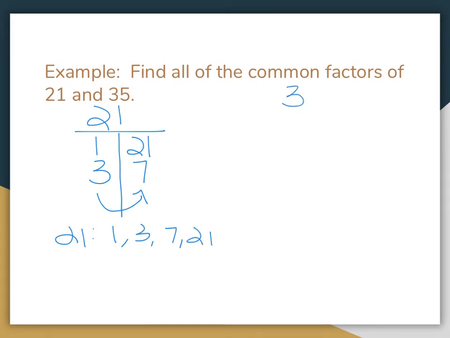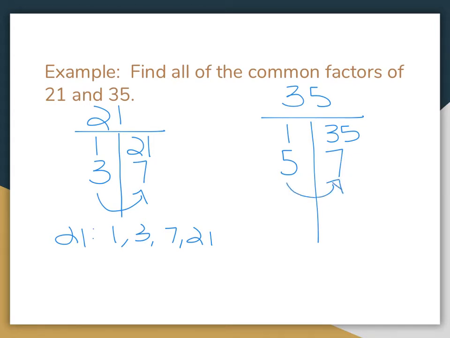Now I'll do the same process for 35. Start with my T-chart, 1 and 35. 2 does not go into 35. 3 does not. 4 does not. 5 does, and its factor pair is 7 because 5 times 7 is 35. 6 does not go into 35. 7 does, but it's already on the other side, so I know that I am done with these factors.